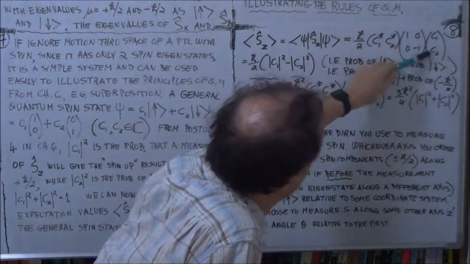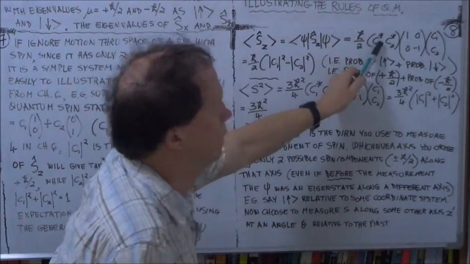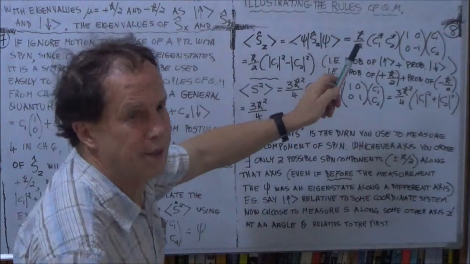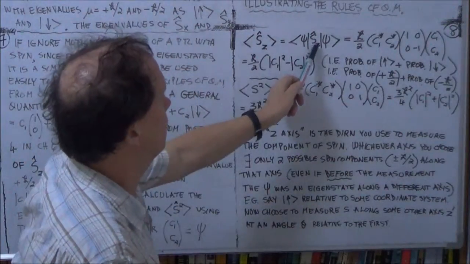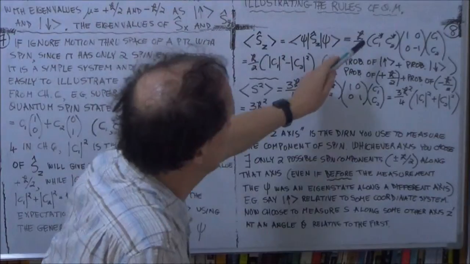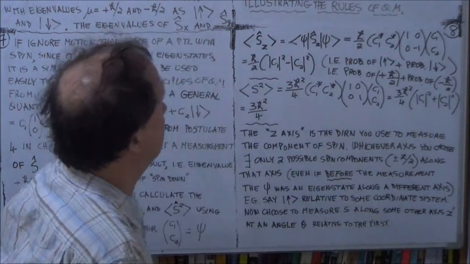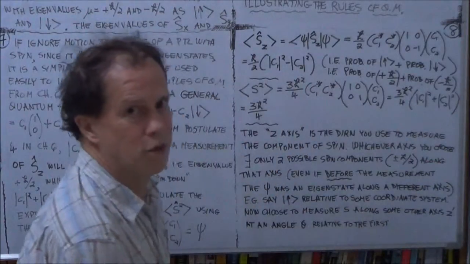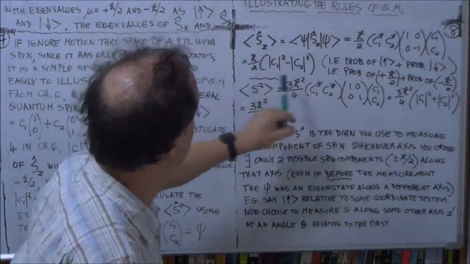So there's your column vector C1, C2, and here's now a row vector C1, C2, but conjugated. You know, the i's become minus i's, right? And the operator, now a 2 by 2 matrix, is h bar over 2 times this matrix. Okay, well, then it becomes trivial, just simple matrix multiplication, and you'll get this answer.